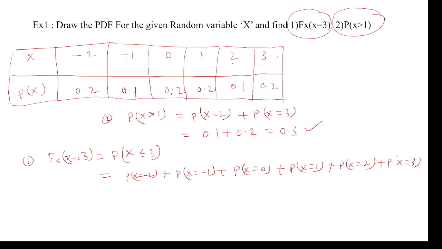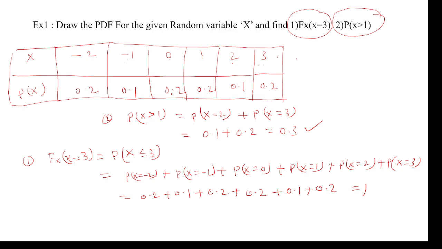Therefore the total is 0.2 plus 0.1 plus 0.2 plus 0.2 plus 0.1 plus 0.2, which is equal to 1. So like this we can calculate the probabilities.